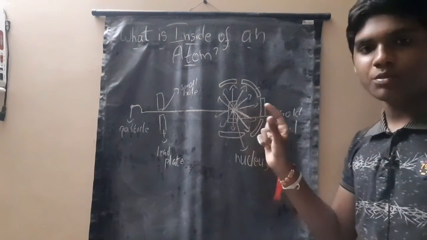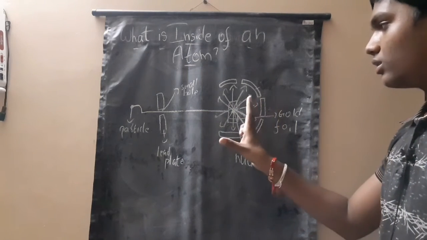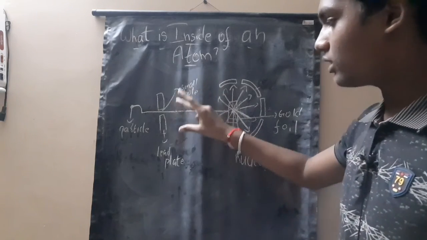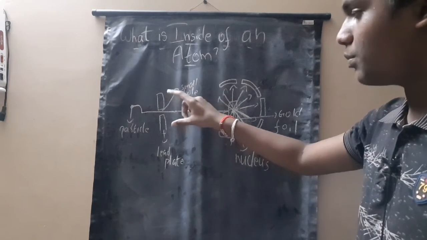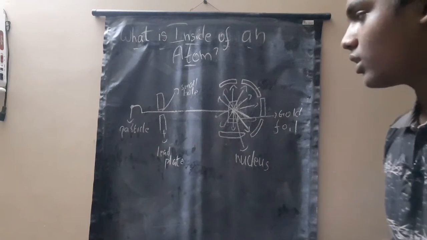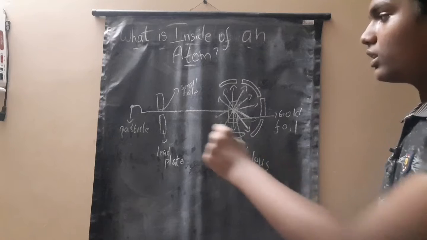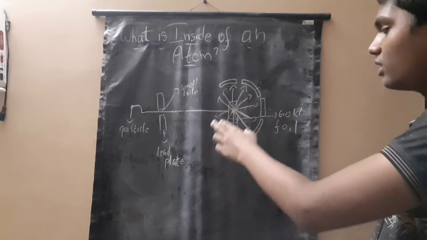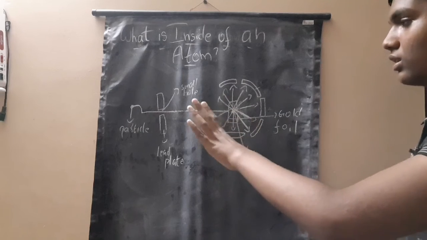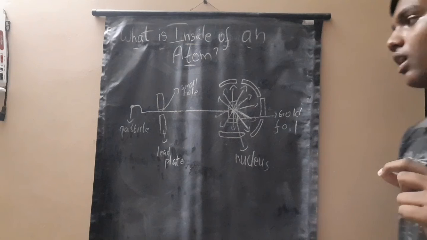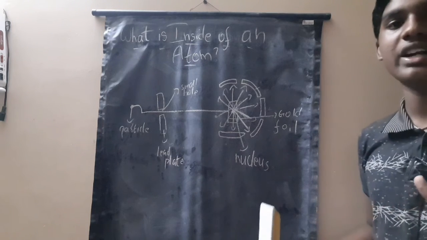So what is the observation of this experiment? We take two lead plates and keep them here. The alpha particle goes through the small hole present between the two lead plates, and after falling on the gold foil, the alpha particles are scattered into different rays.